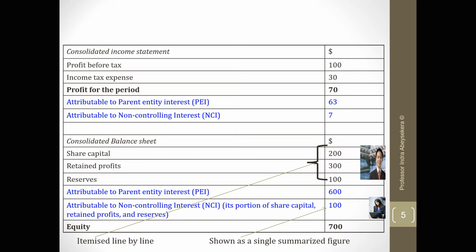A portion of each capital type in the consolidation balance sheet should be assigned to the non-controlling interest shareholders.